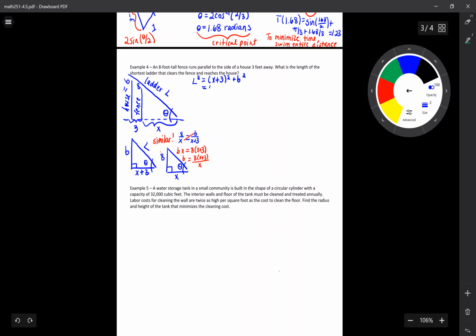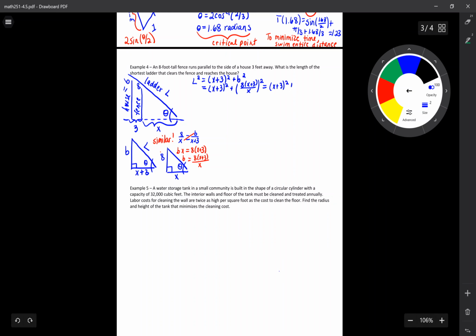So this is b in terms of x, and I can now replace that in my equation for L squared here. So I will have x plus 3 squared plus b squared, that's 8 times x plus 3 over x, squared. And let's multiply out this squared term now. So I have x plus 3 squared still.